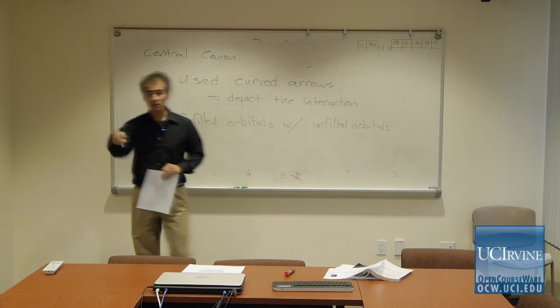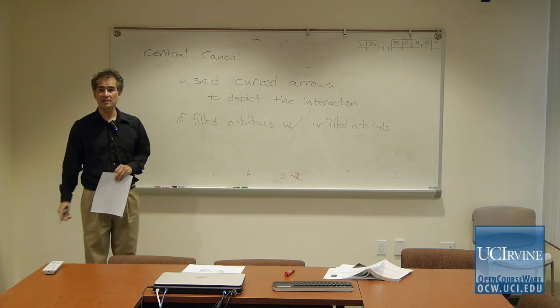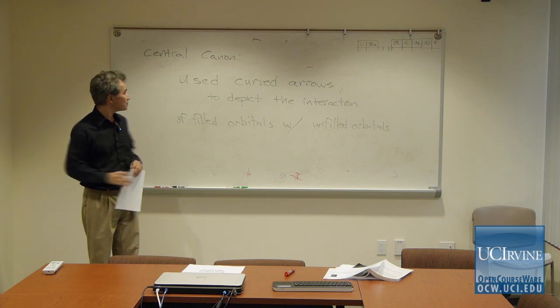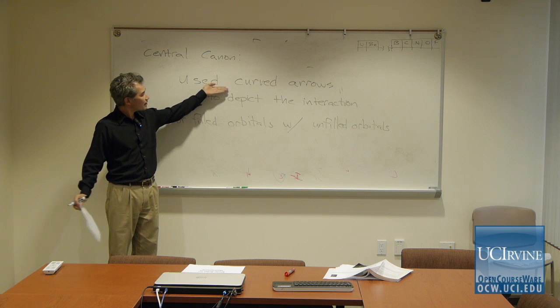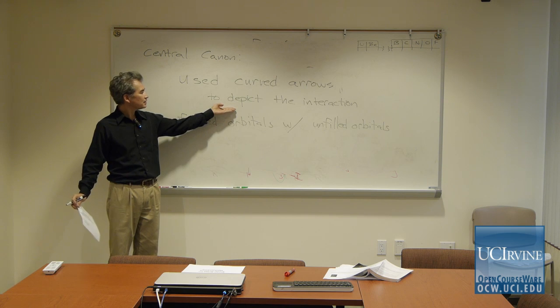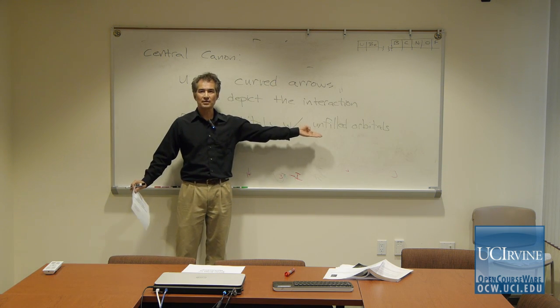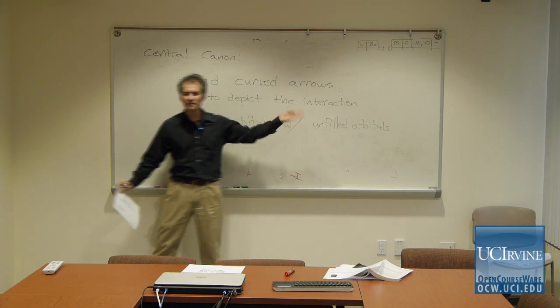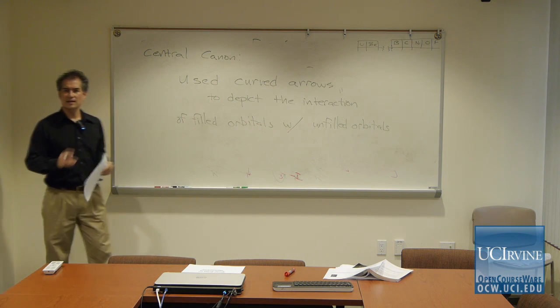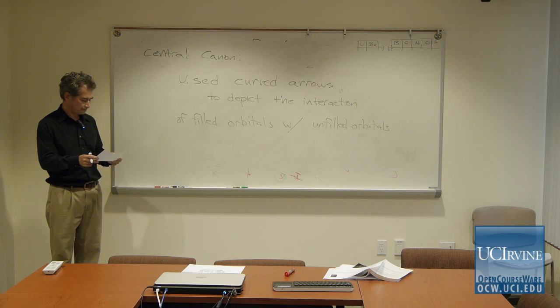The test that you'll apply every time to check whether your mechanisms are correct with the correct arrows is: have you used curved arrows to depict the interaction of filled molecular orbitals with unfilled orbitals, and in particular filled frontier orbitals with unfilled frontier orbitals?